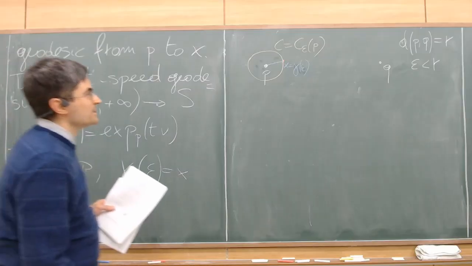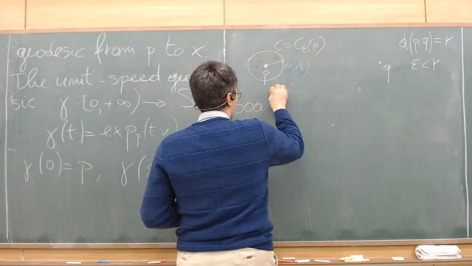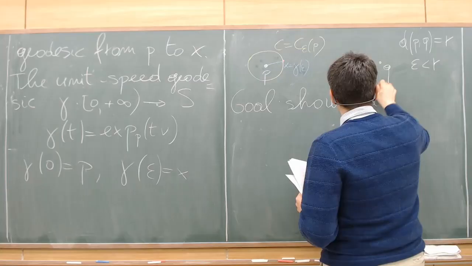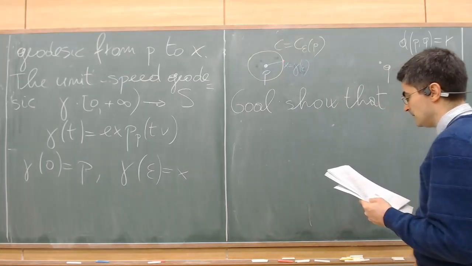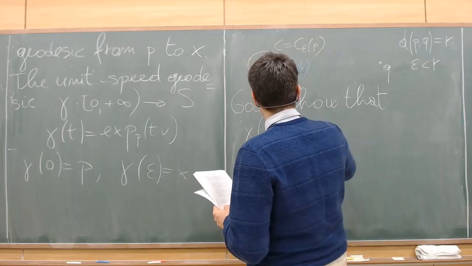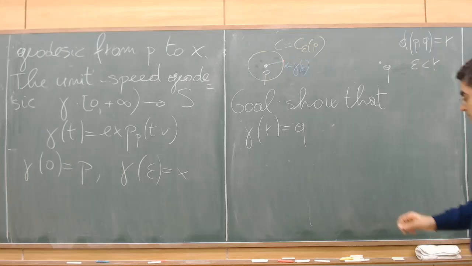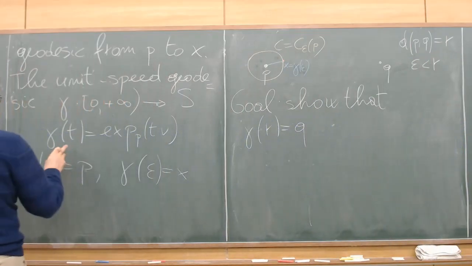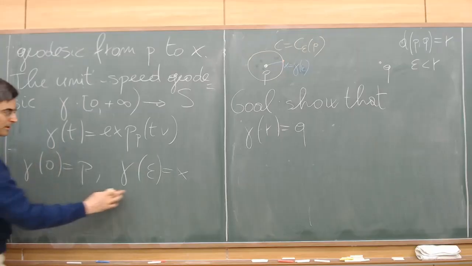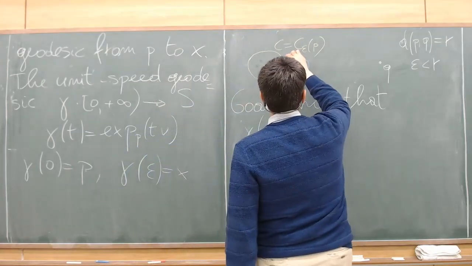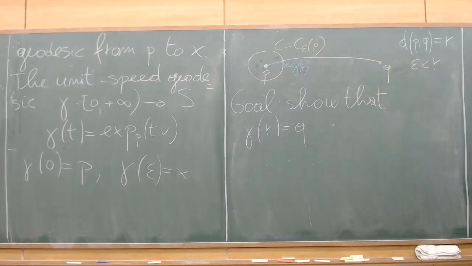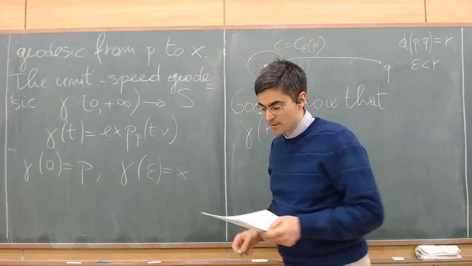What is our goal? Show that gamma(r) equals Q. In other terms, we have to prove that if we travel along this geodesic, the geodesic joining P to X, we hit the point Q. The idea of the proof is the following.